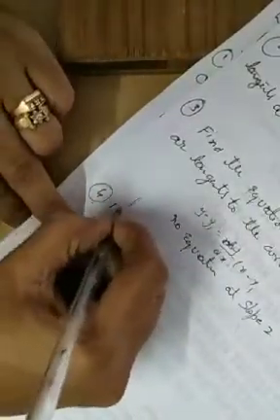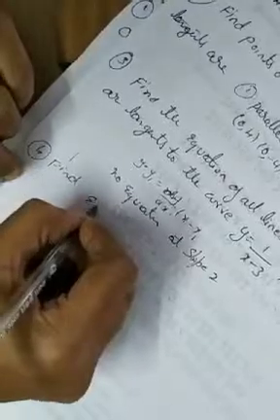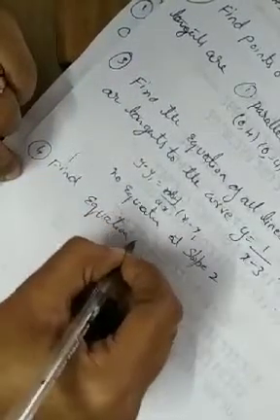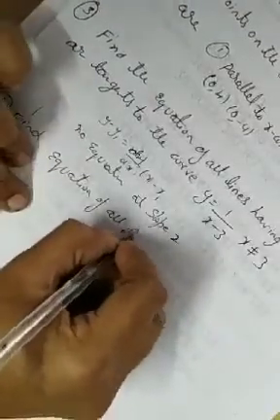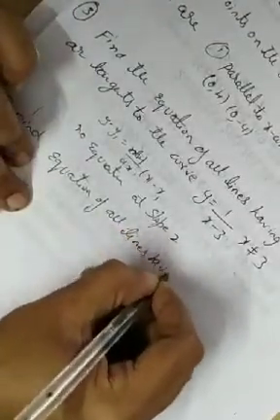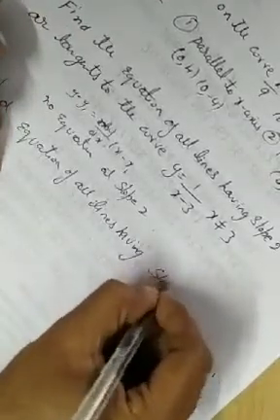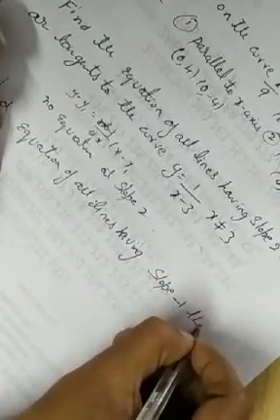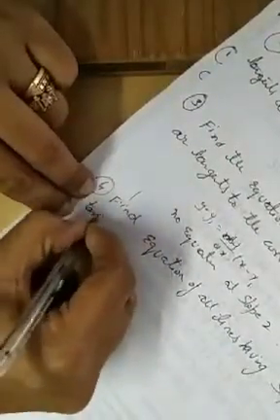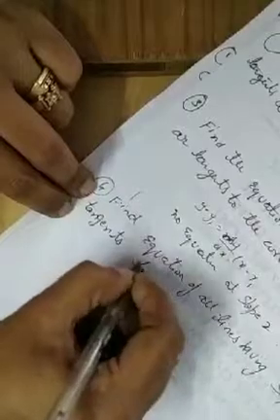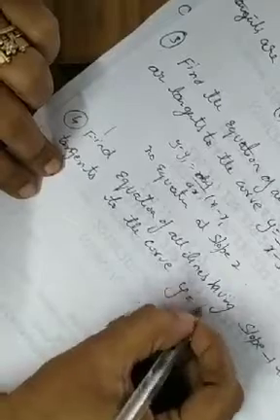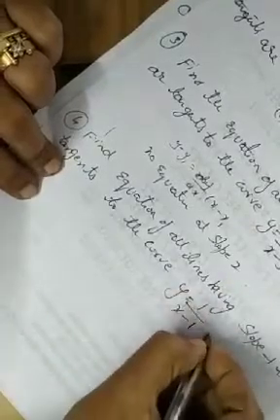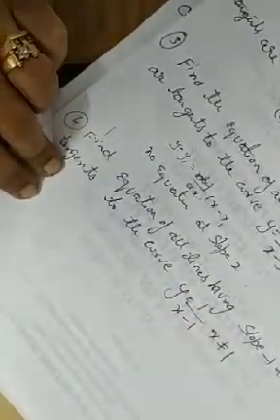Fourth one, find the equation of all lines having slope minus 1 that are tangents to the curve y is equal to 1 by x minus 1, where x is not equal to 1.